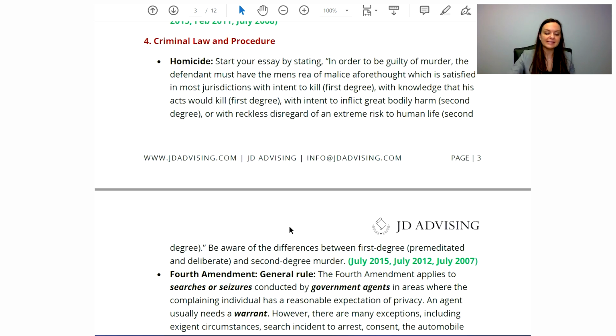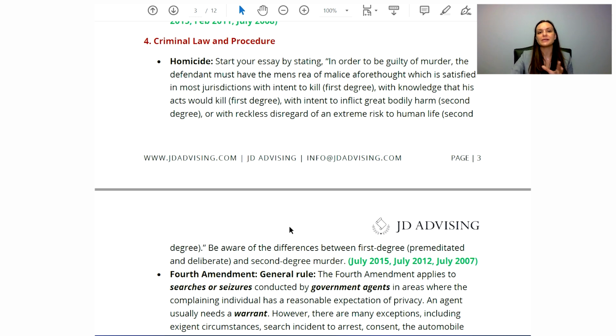Now, turning to our next MBE subject that's fair game on the MBE: criminal law and criminal procedure. Back at the top of this handout where we covered our frequency chart, we actually separated criminal law and criminal procedure for you so that you could see how many times they were specifically tested rather than clumping them together. What I can tell you though, is that criminal law and criminal procedure are the least highly tested subjects.